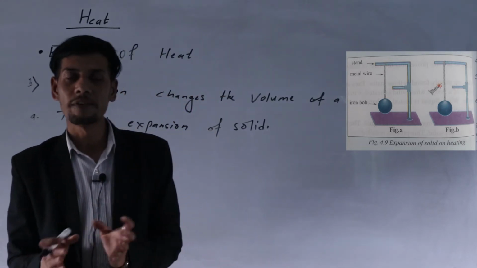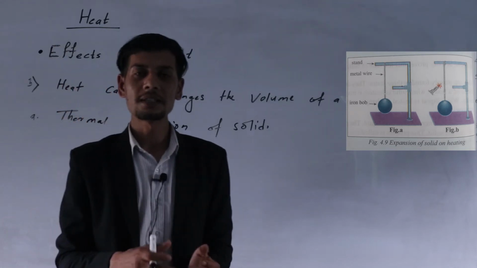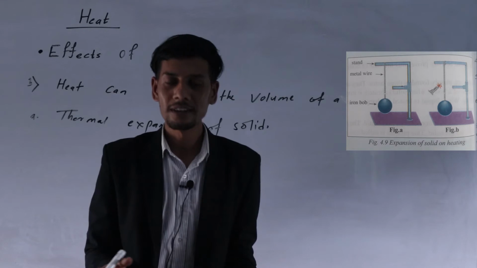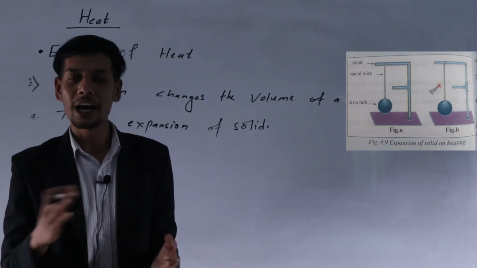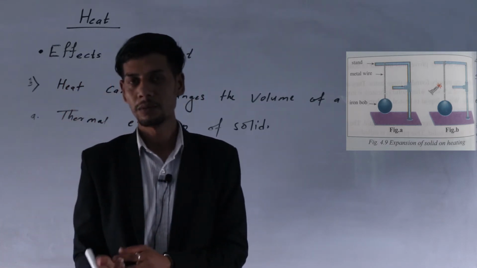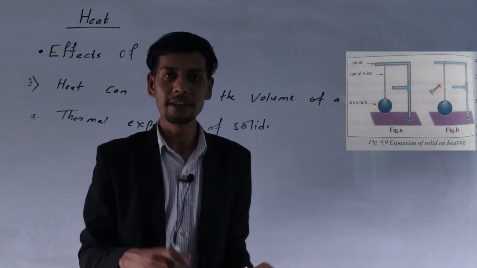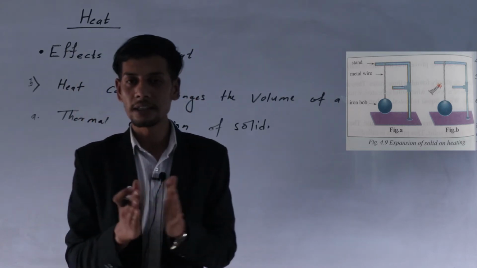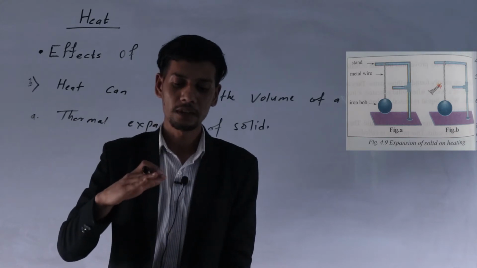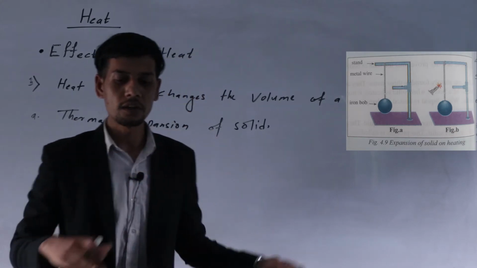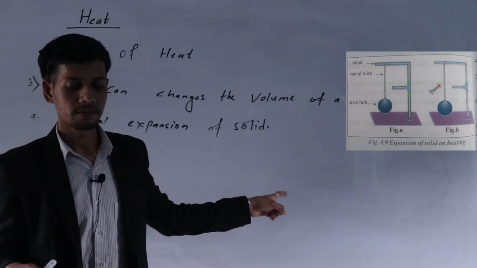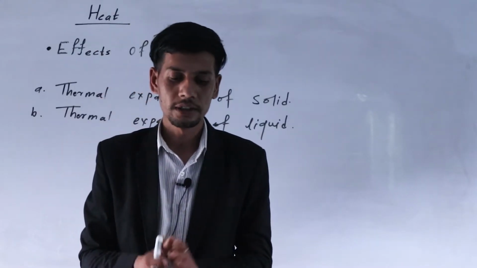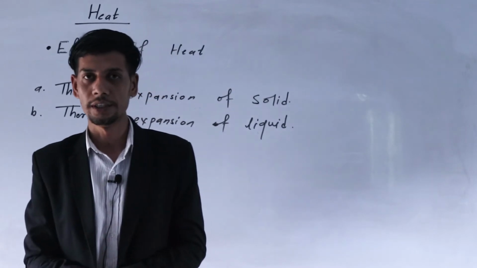This is because of the expansion of the metallic wire on heating, because the candle provides heat energy to the wire. So there is an increase in the length of the metallic wire, as shown in the figure.